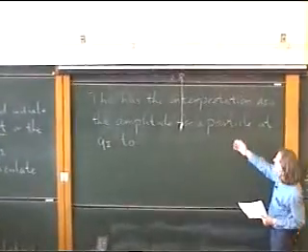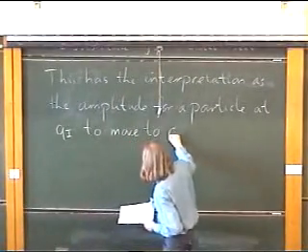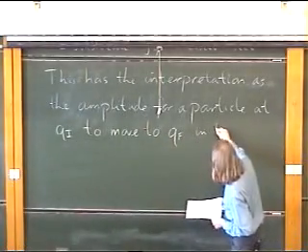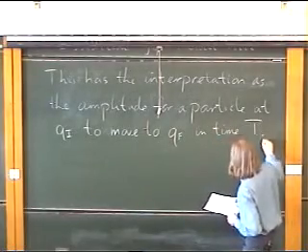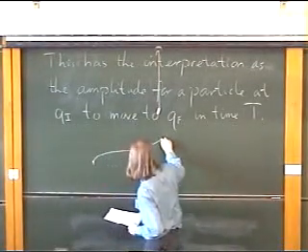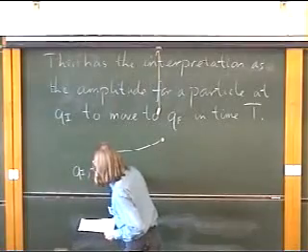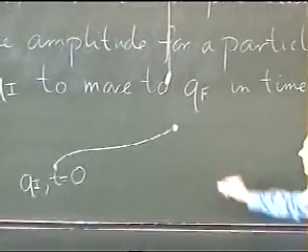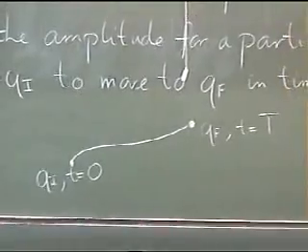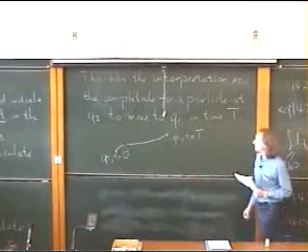So it's the amplitude for a particle at qi to move to qf, and it takes this precise amount of time, capital T. So the particle starts there and ends up here, qf at t equals capital T. And it's that amplitude.